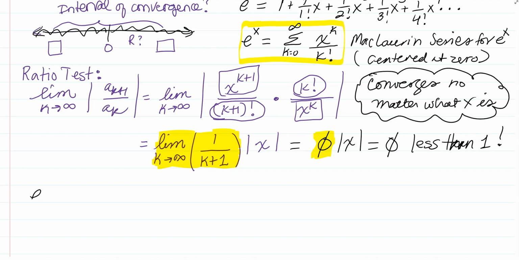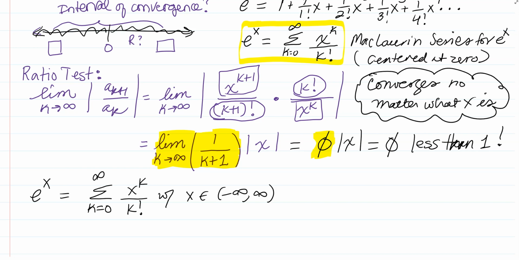We would say e to the x is equal to the series going from 0 to infinity of x to the k power over k factorial, everywhere, no matter what x is, from negative infinity to positive infinity. It really doesn't matter.